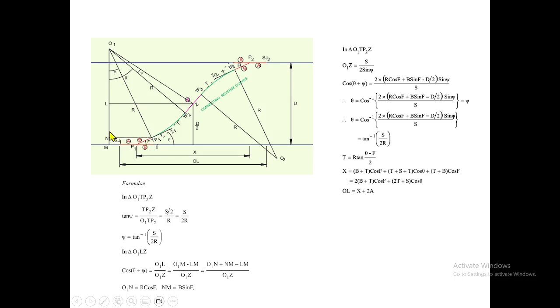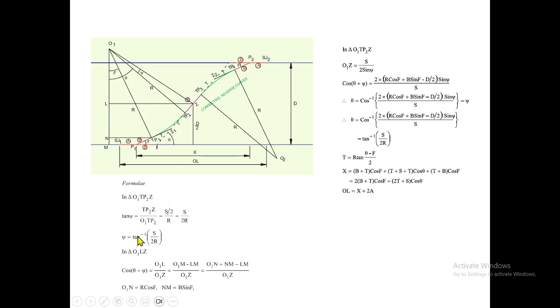So 180 minus this is 90, and 90 minus 90 minus F will be your F. So in this triangle O1N equals R, the hypotenuse, into cos f. Then again we come to the hypotenuse O1Z.